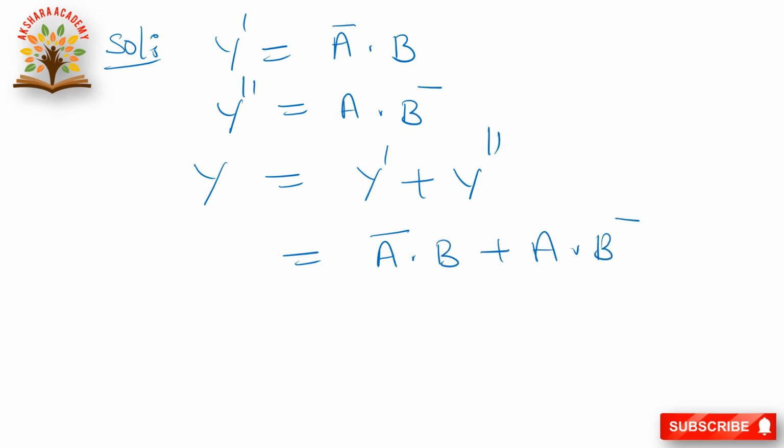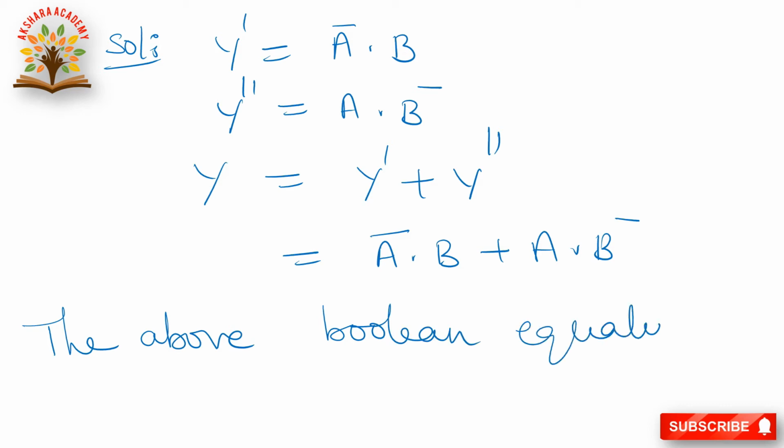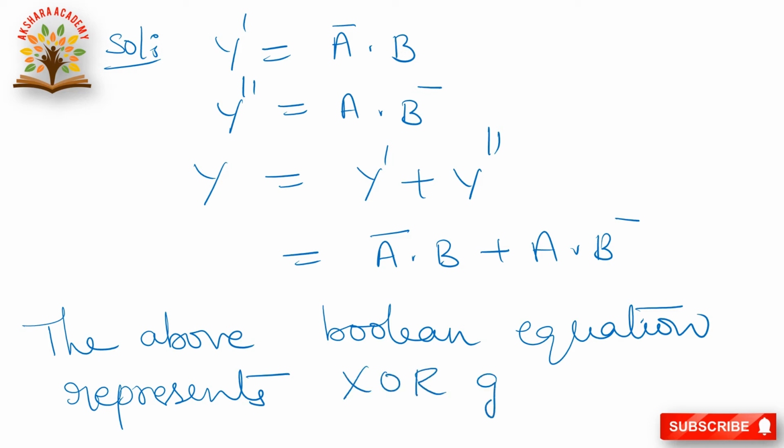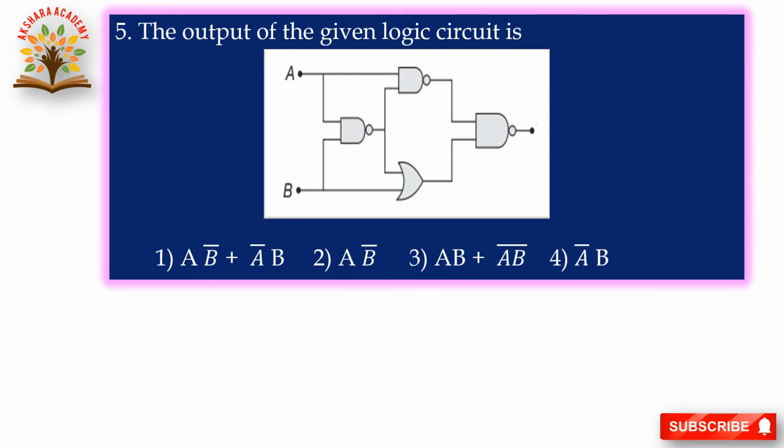So the above Boolean equation represents an XOR gate. Okay. Next we will go to the next question.